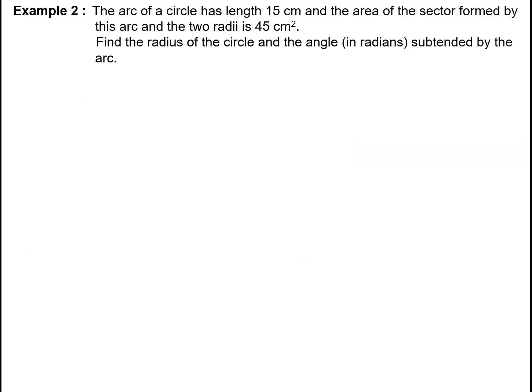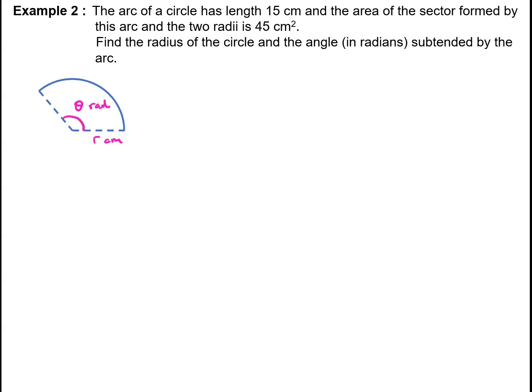And in the second example, we've got the arc of a circle has got length 15 centimetres, and the area of the sector formed by this arc and the two radii is 45 centimetres squared. We've got to find the radius of the circle and the angle in radians subtended by the arc.